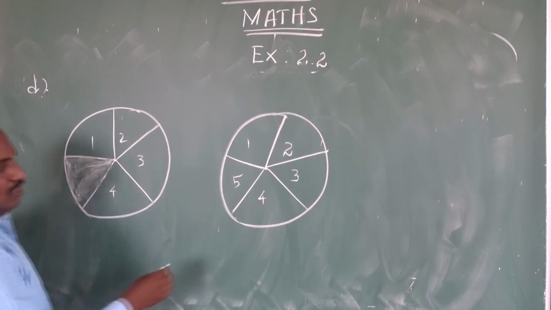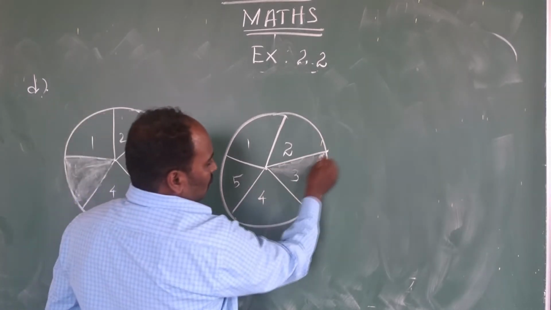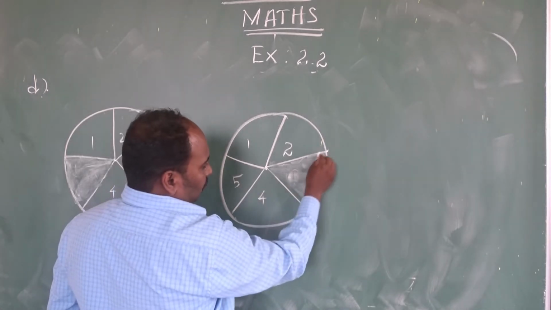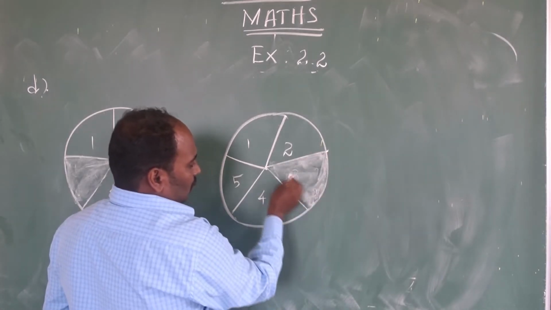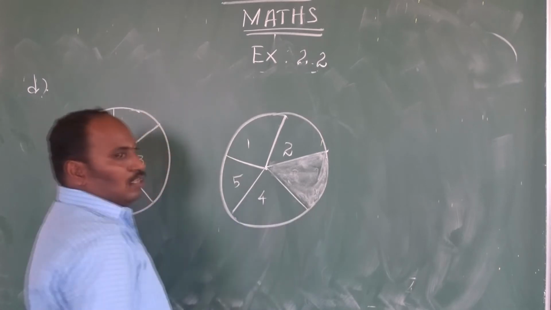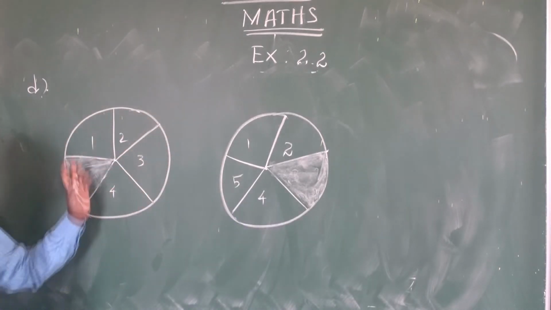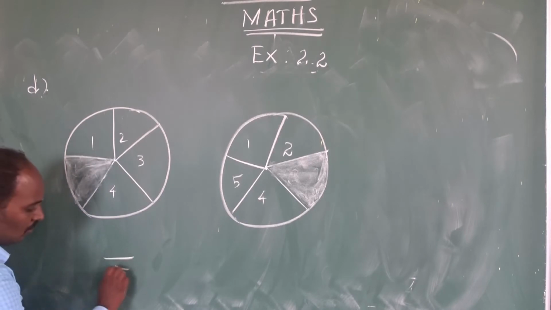This is the shaded portion. One, two, three, four, five. 5 parts.